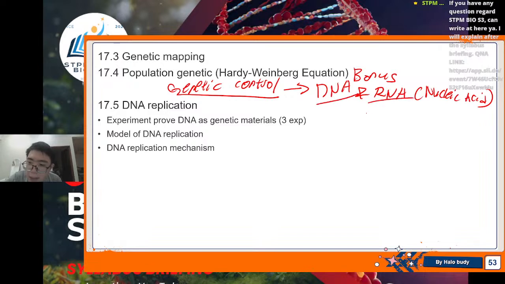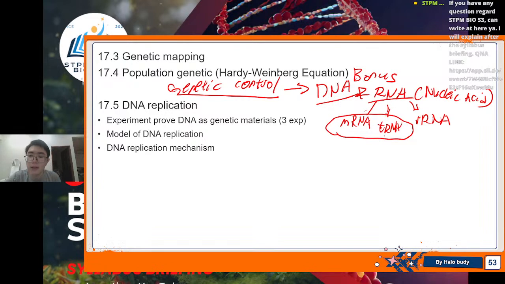RNA has 3 types: mRNA, tRNA, and rRNA. rRNA is ribosomal RNA, located at the ribosome. This RNA is not in our syllabus, but mRNA and tRNA you will learn, especially how they function.